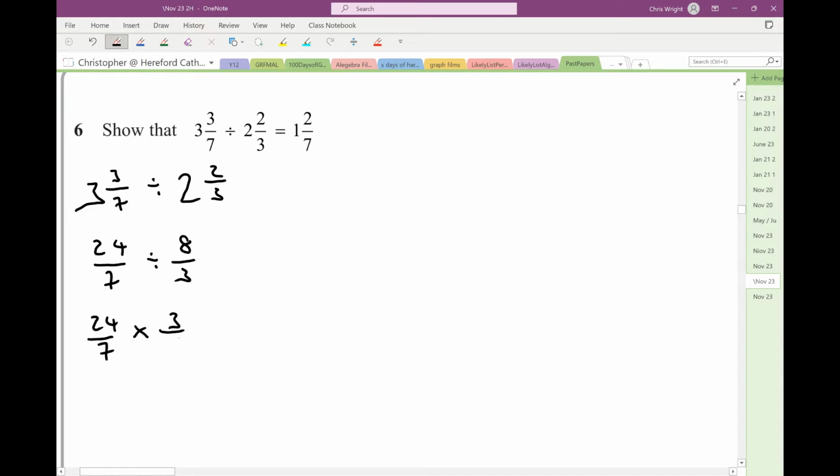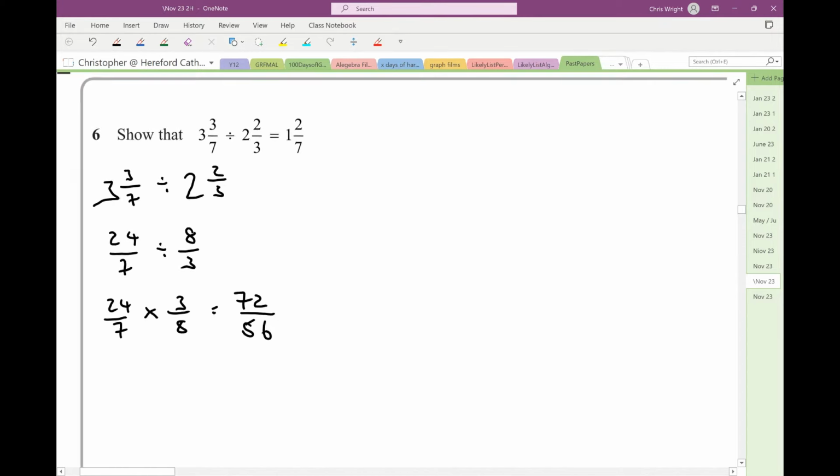This is division, so I'm going to keep, change, flip. And now I've got top times top and bottom times bottom. Yes, you can cancel, but I'm going to ignore that. And I'm just going to go 24 times 3, 72, over 7 8s are 56.